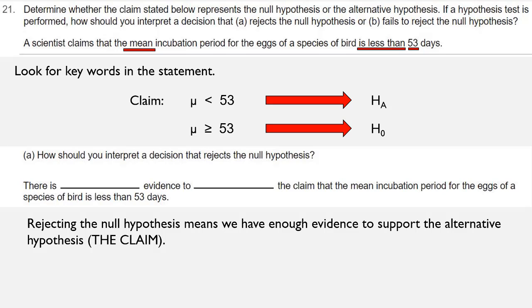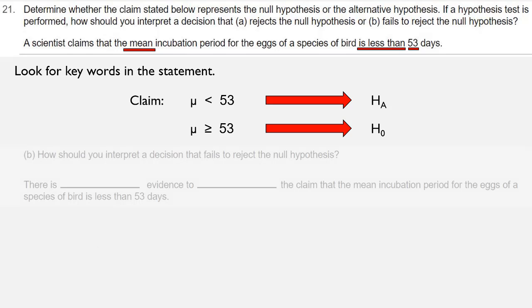So there is sufficient evidence to support the claim that the mean incubation period for the eggs of a species of bird is less than 53 days. Because we were rejecting the null hypothesis in this question, that means we were supporting the alternative hypothesis, so that means we believe we have sufficient evidence to support.